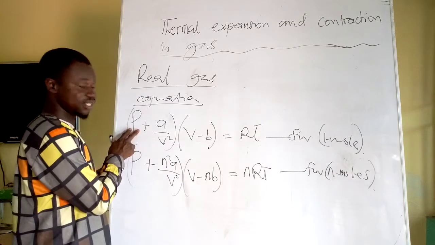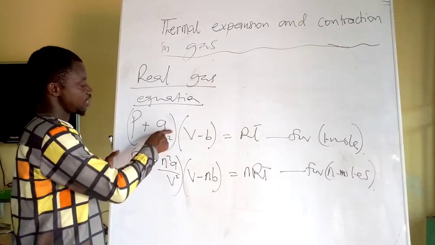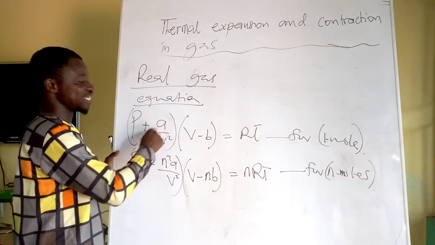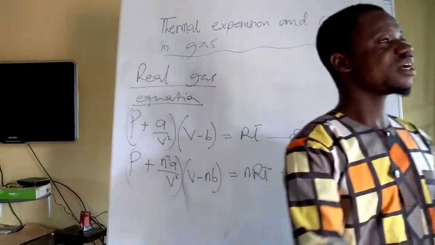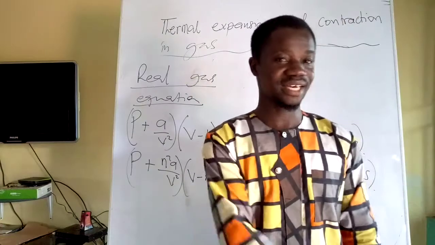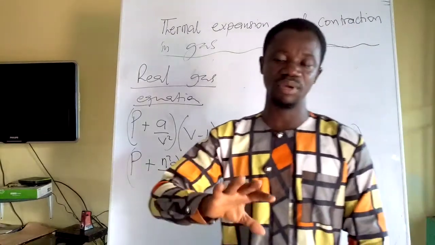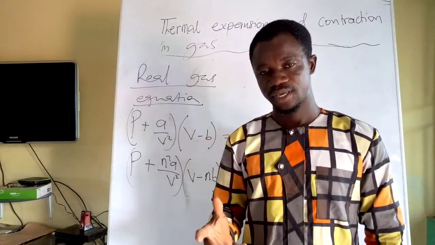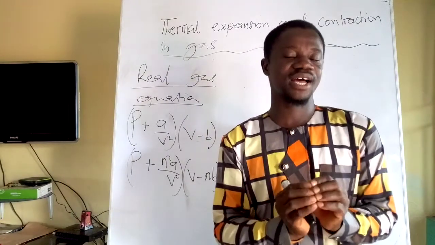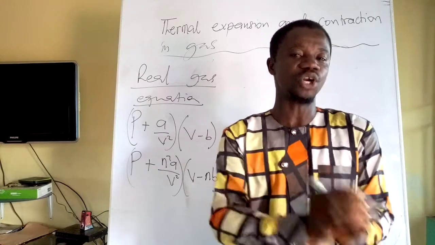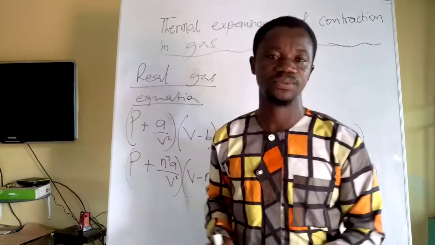This is the pressure of the gas. The term here, we call it the pressure correction. Which pressure correction? In modeling the ideal gas, we made an assumption that the pressure of the gas is only due to collision between the molecules and the containing vessel.